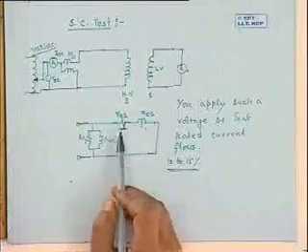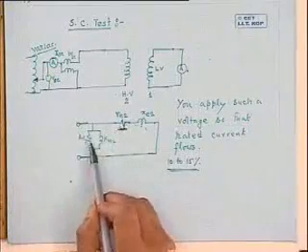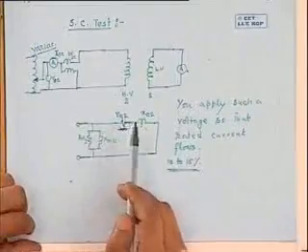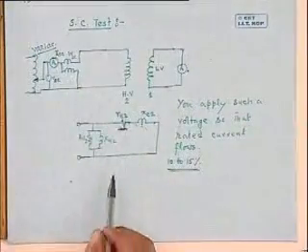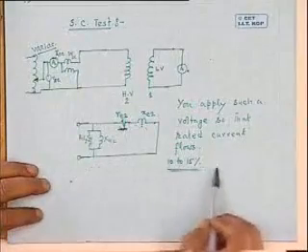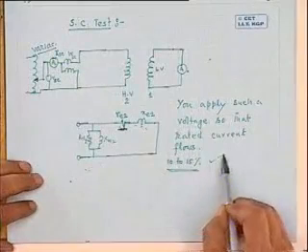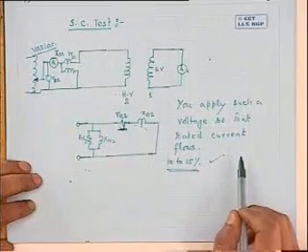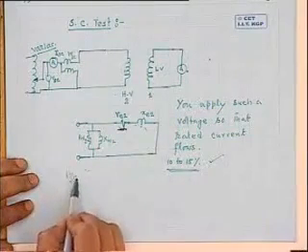Because of what reason? Because the core loss in the transformer will become very small. But the loss here in the RE2 will be quite high, because you are passing rated current. So compared to this one, this will be quite small. Therefore, we can assume, and this is an assumption, of course, based on solid argument, that the wattmeter will register only the copper loss.